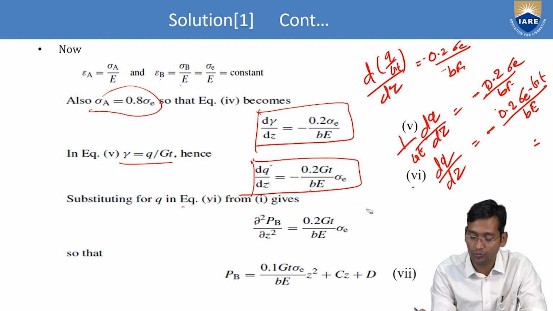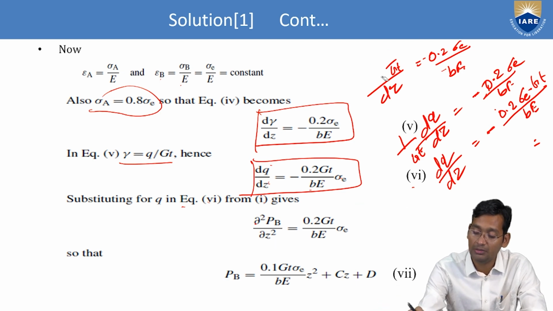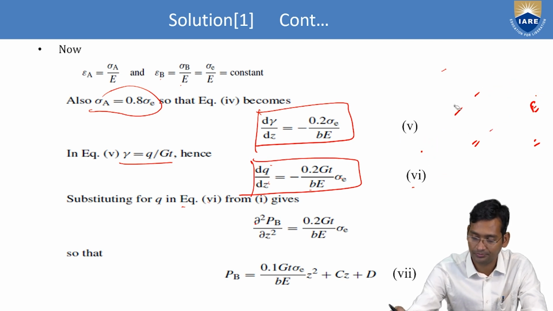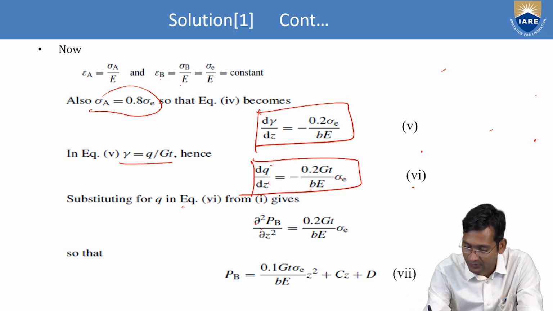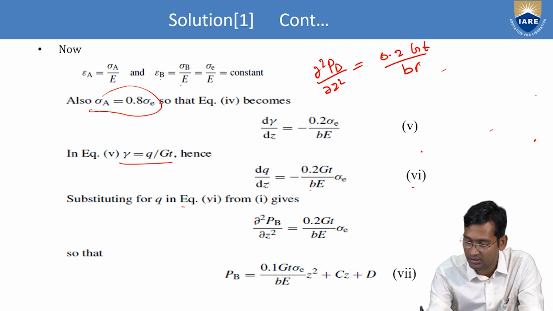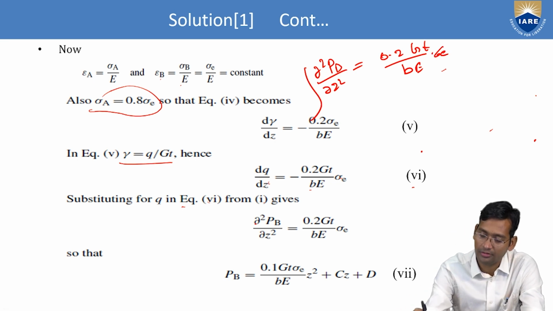Now what we have to do? We have to integrate this to find PB. Just see here, two times differentiation is there. Del 2 PB means we have to integrate two times. So let's integrate this one. Del 2 PB by del z square is equal to 0.2 GT by BE into sigma E. Integrate both sides.